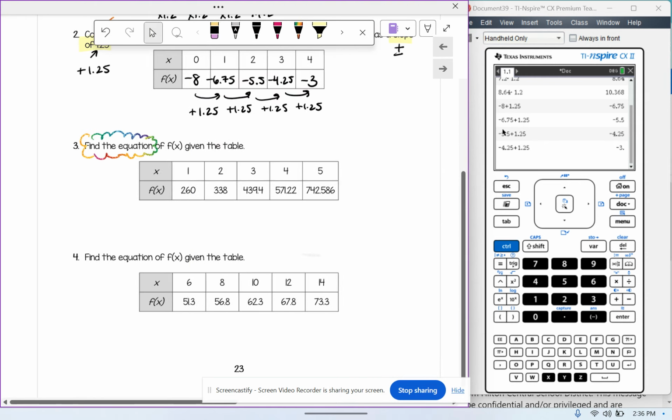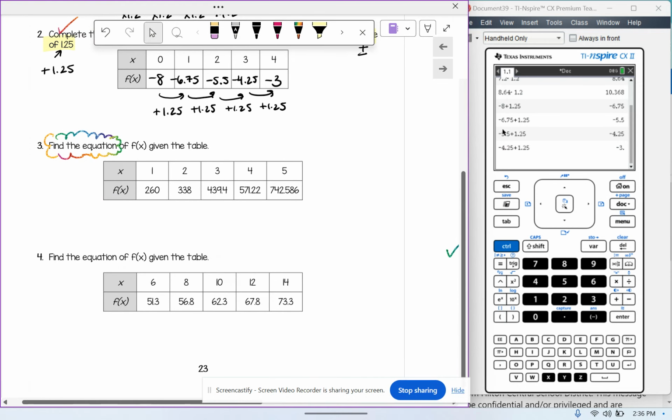So let's investigate question 3. It says, find the equation of f of x. So my equation is going to look like this. And now I've got to figure out if the y's in this table are growing from a multiplier or a slope. To get from here to here, that number is going up by a whole number, but then it's going up by a decimal, and then it's going up by a decimal with even more place values at the end. That makes me think this is a multiplier.